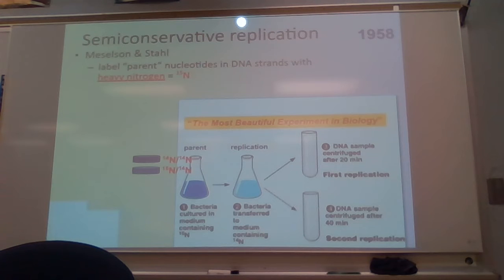What they did is they used different isotopes of nitrogen to differentiate between the original DNA strands and the new ones. When they started growing, they used E. coli bacteria for this because they divide pretty quickly. They labeled the parent nucleotides, or the original DNA, with a heavy nitrogen isotope, say nitrogen 15.